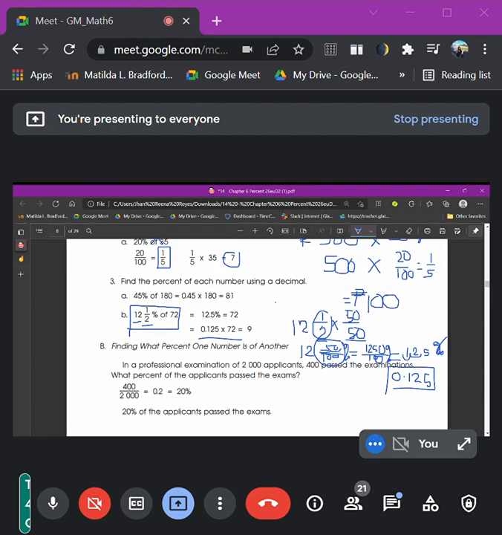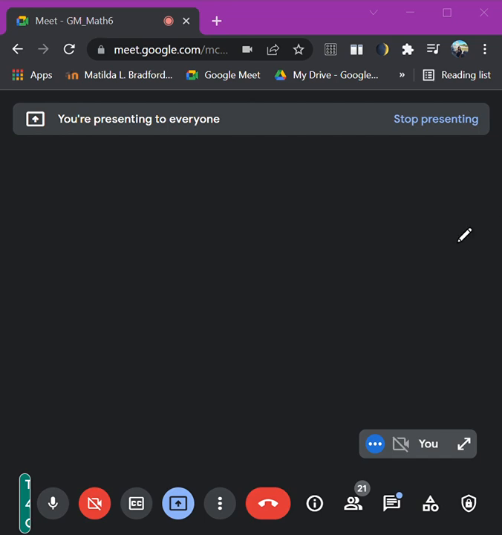Questions? What do we divide the 1,250 by? Divide it by 100. 1,250 divided by 100, the result is 12.5%.